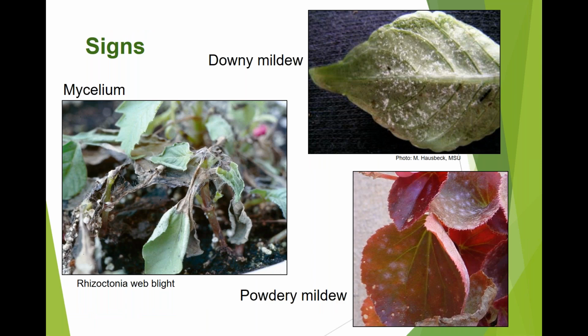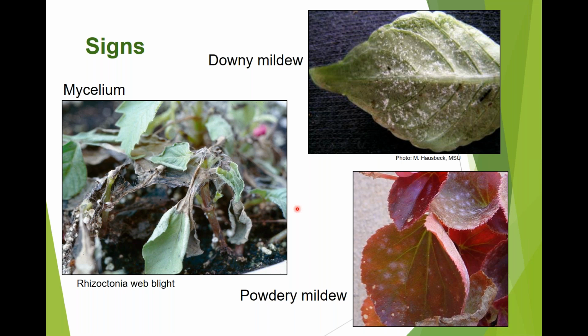With disease organisms, particularly fungi, these are the kinds of signs that we would see. You can see mycelium or hyphae growing over the surface of plants, such as in this picture here. That happens to be Rhizoctonia, and we call it web blight because it kind of looks like webbing when it grows up over the surface of the plant.